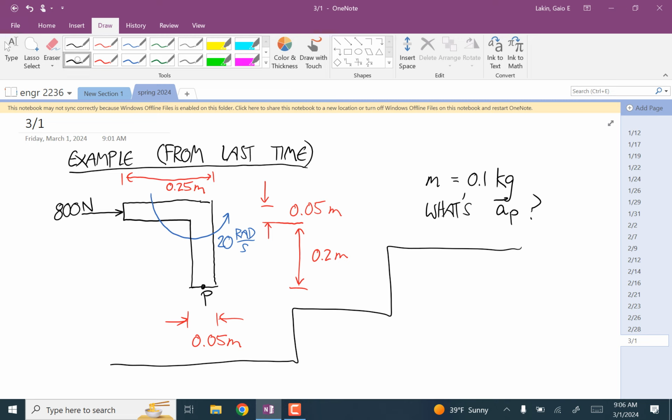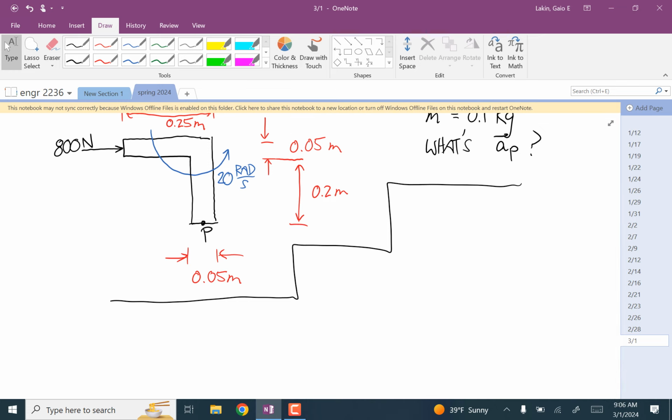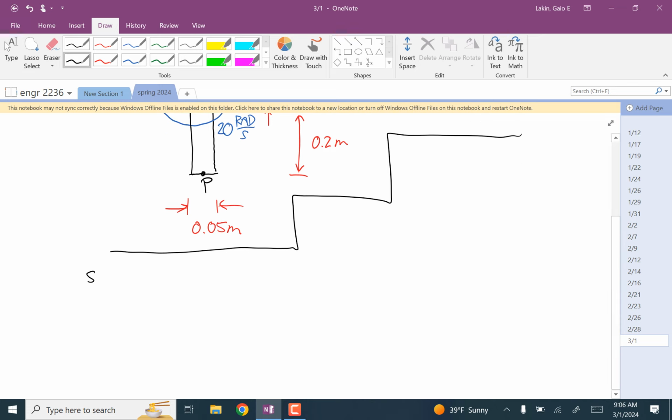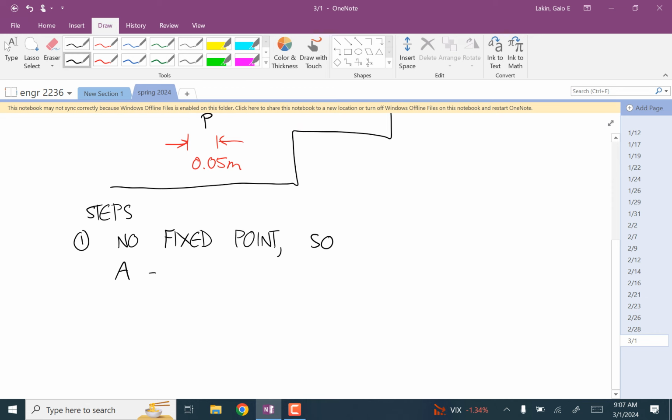So anyways, here's where we are at this point. Remember the steps. First, is there a fixed point? No. So the about point is the center of mass.